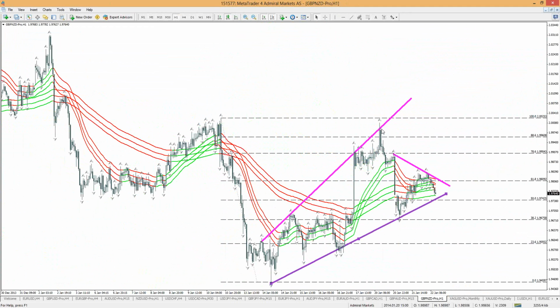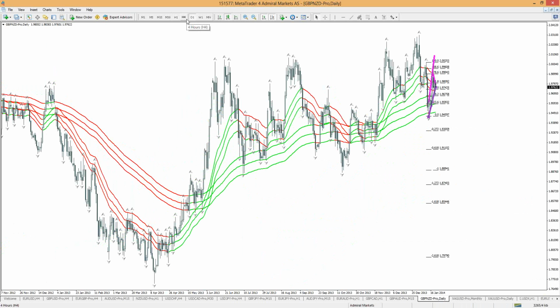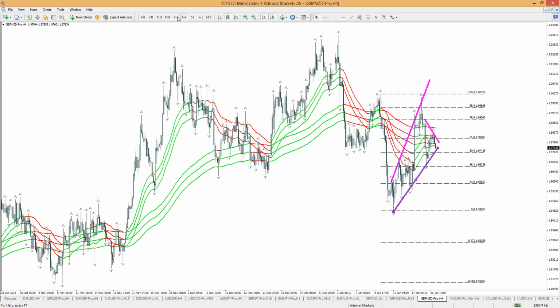This 1 hour chart here, probably the most important trend lines. Let's take a look at the 4 hour. 4 hour very choppy as well. Daily too. New Zealand not only choppy against the dollar but also against the pound.